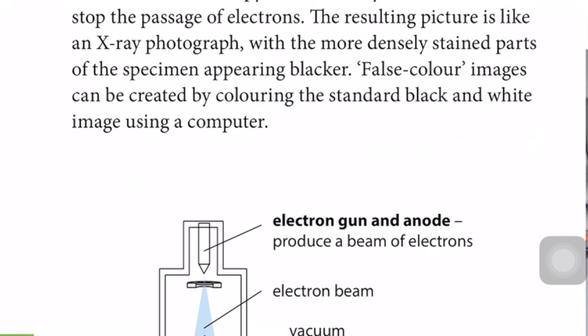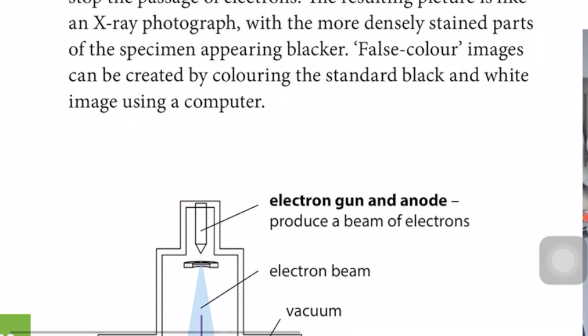This is again a study of the physics, students. The resulting picture is like an X-ray photograph with more densely stained parts of the specimen appearing blacker. False color images can be created by coloring the standard black and white image using a computer.